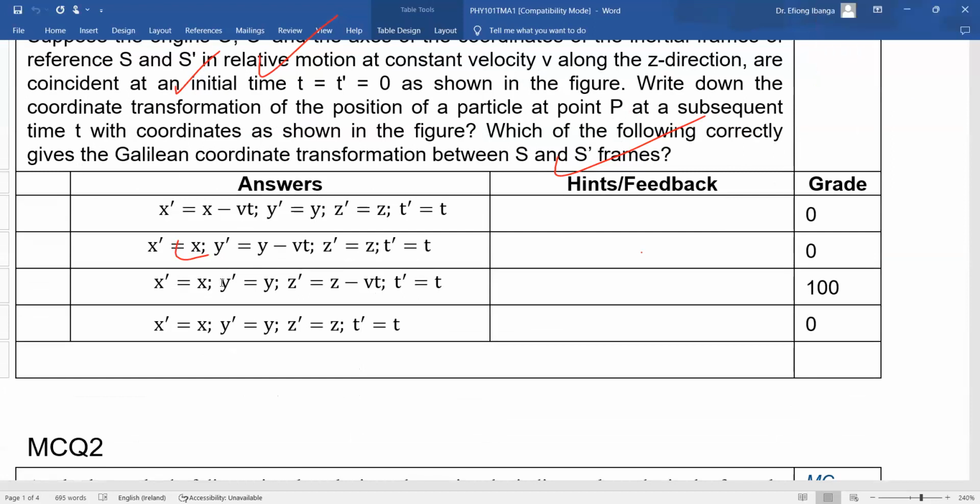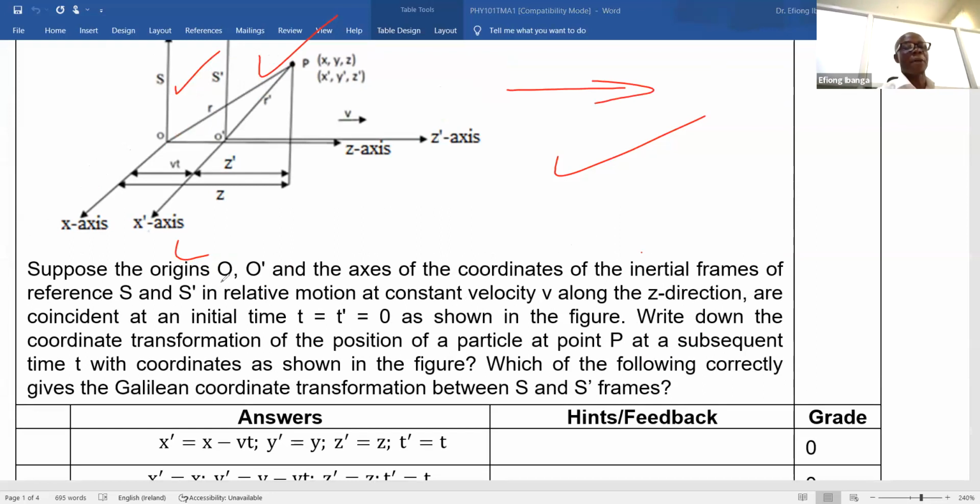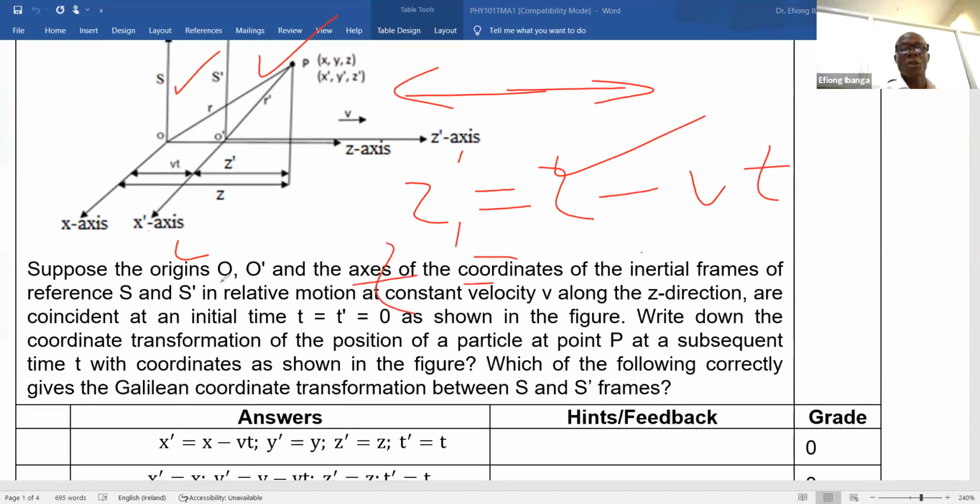The correct answer is this: since this is going to the right and this one is appearing to go to the left, then I should have that Z prime is equal to Z minus VT. Is that correct? Now, if my Z prime were traveling to the left, then I should have written that Z prime is equal to Z plus VT. Is it clear there?